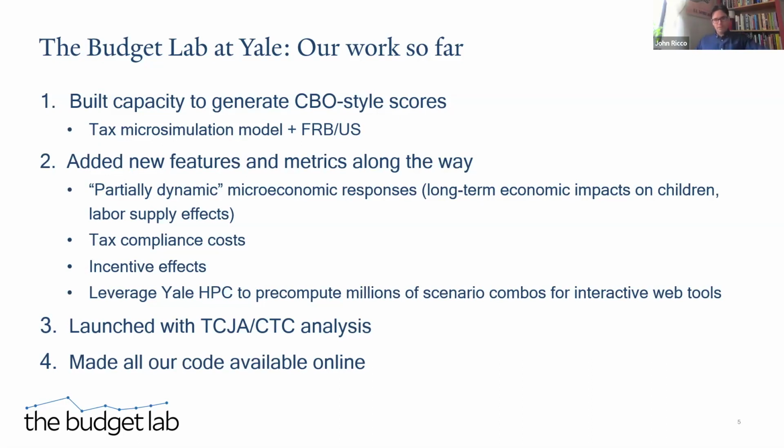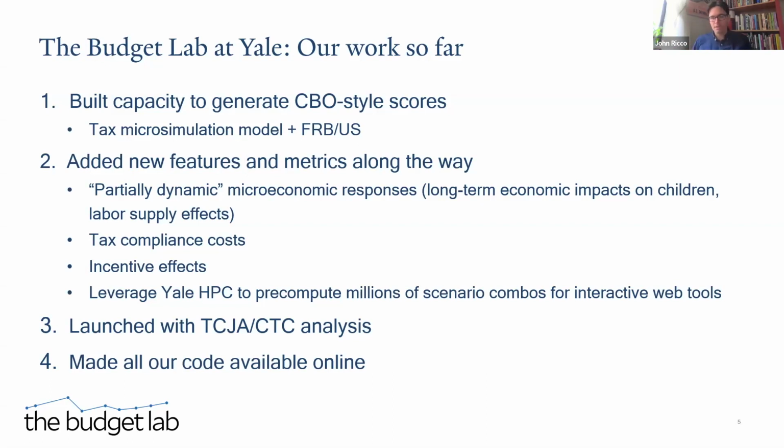And then that all got packaged into our 2 launch products, which were really about demonstrating that we have the capacity to do the standard analysis in this space, that we're a player in this space. To that end, we worked on 2 documents, one for Tax Cuts and Jobs Act extension options, and another for the child tax credit, the latter with a specific eye towards some of those additional metrics we've been working on.